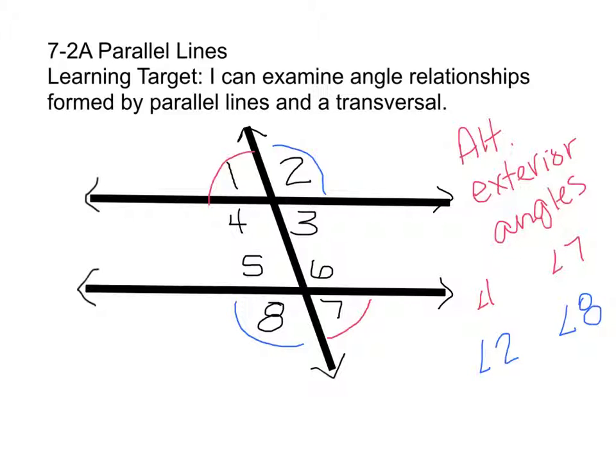So angle 1 is congruent to angle 7, and angle 2 is congruent to angle 8. Make sure you write this information down from the diagram, because you will be identifying these angles.